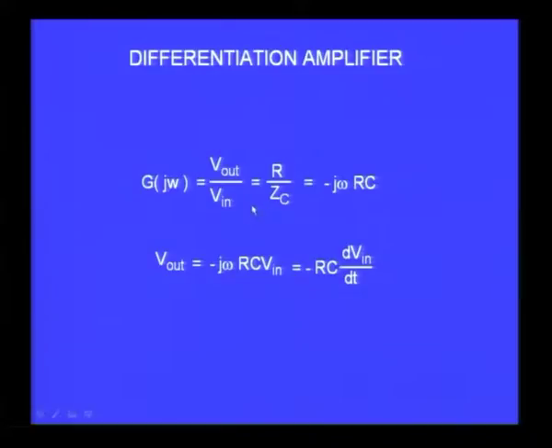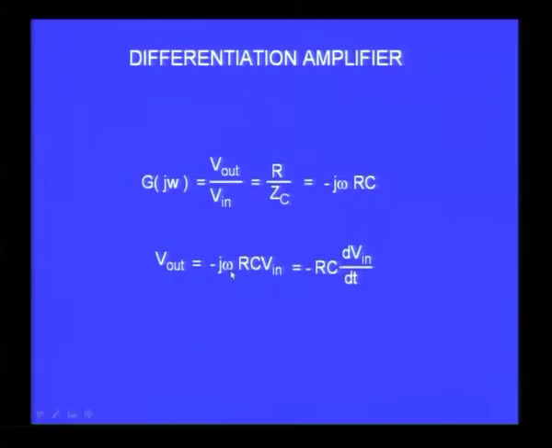Now, the gain, which is a function of frequency j omega, is equal to V out by V in, and the V out is across the R feedback resistor and V in across ZC, therefore it is minus R by ZC. Because ZC is 1 by j omega C, it becomes minus j omega RC.